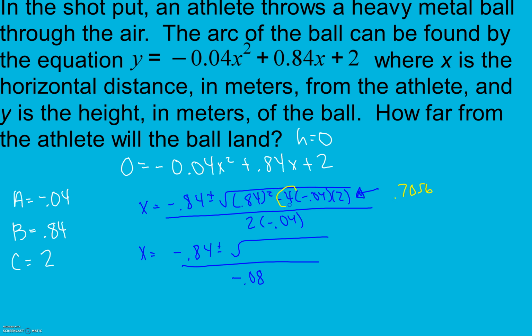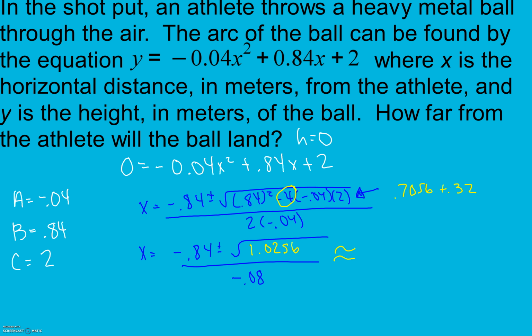And then don't forget we take the sign with our number there. So negative 4 times negative 0.04 times 2 is going to give us positive 0.32. So when we add those together, I'm going to get 1.0256. And when I take the square root of that, guys, I get a decimal here. So this is not a perfect square. So this is going to be approximate values that we get.